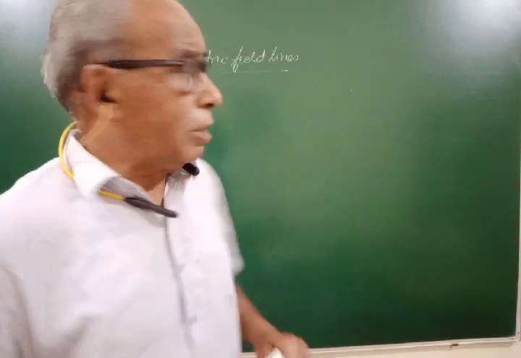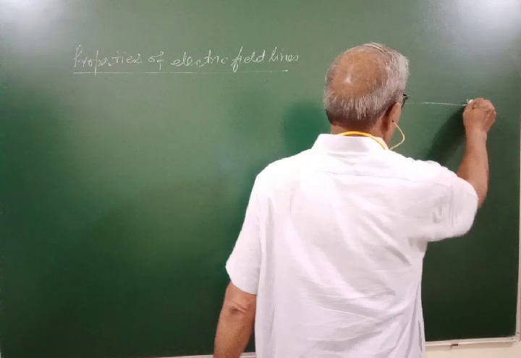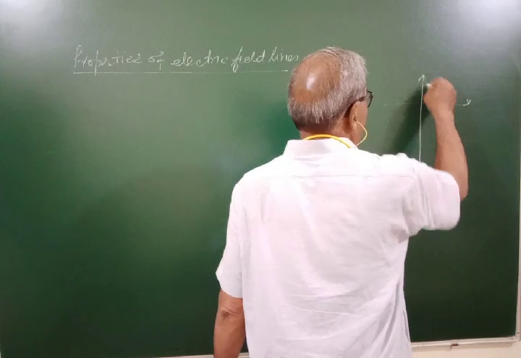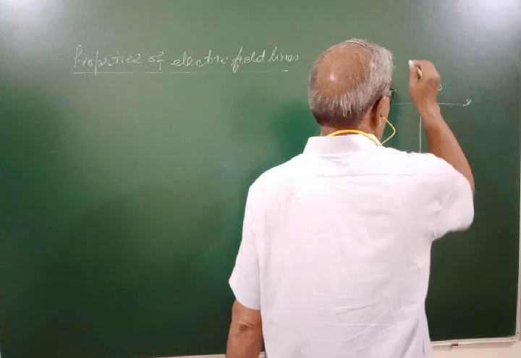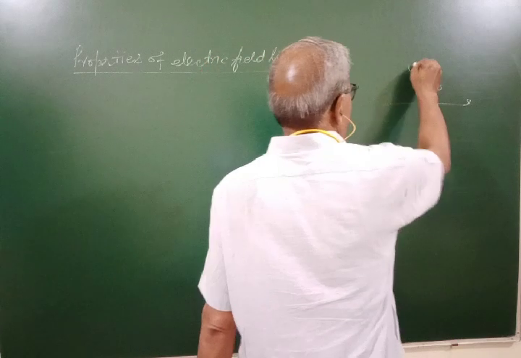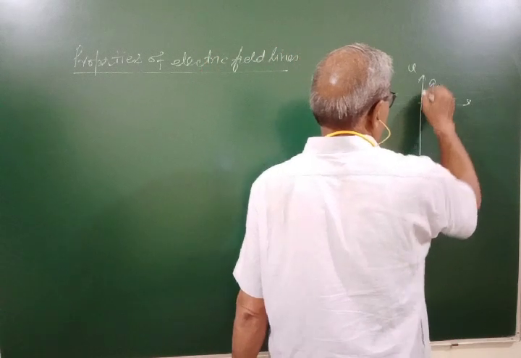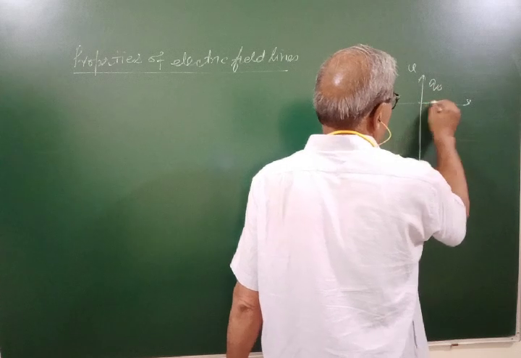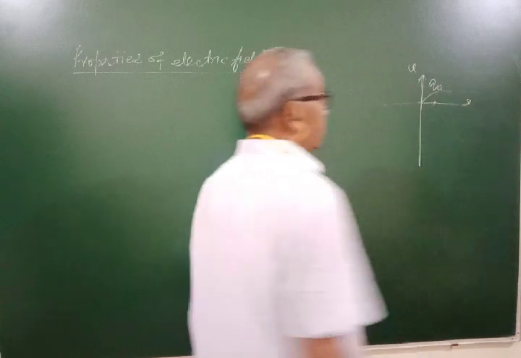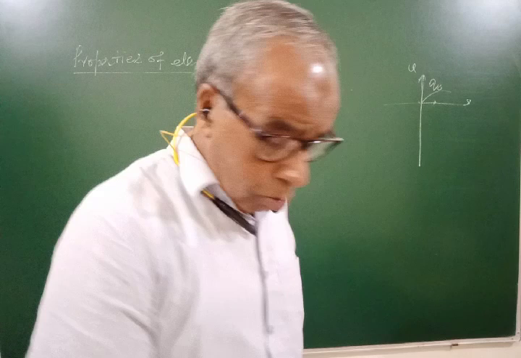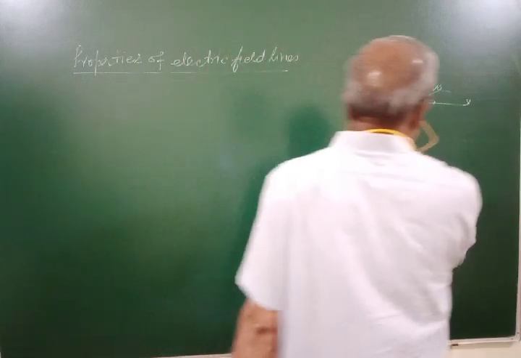But if initially the electric field is this way, and we release the charge like this, so velocity is this way and force is this way, then it may move like this, not along the field. So it is not always true.